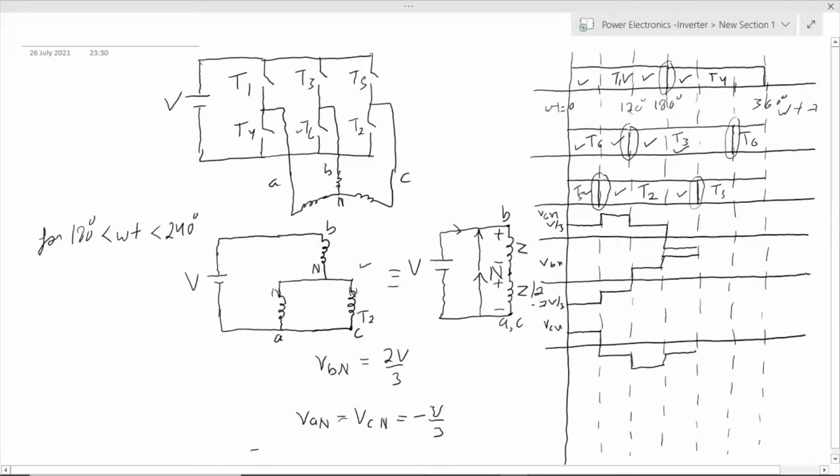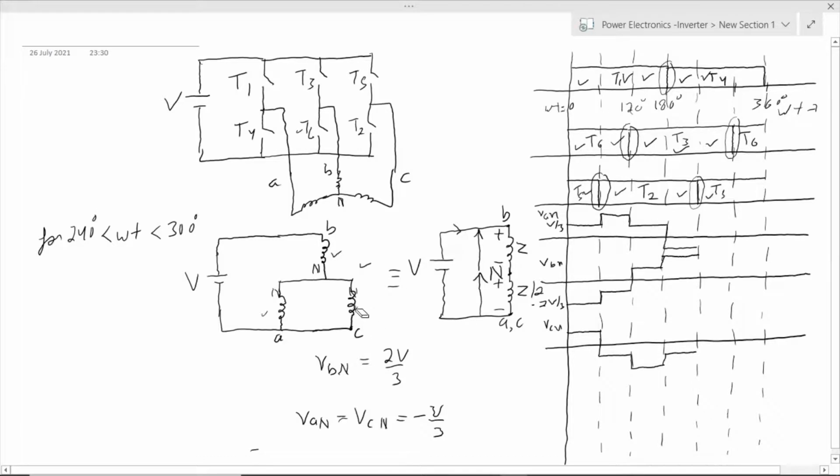Okay, now check it for 240 to 300 degree. In that case, T4 is on, so A remains at the same position. Then T3 is on, it means B remains at same position, and now T5 is on. So T5 is on, it means C phase will be connected to V potential.